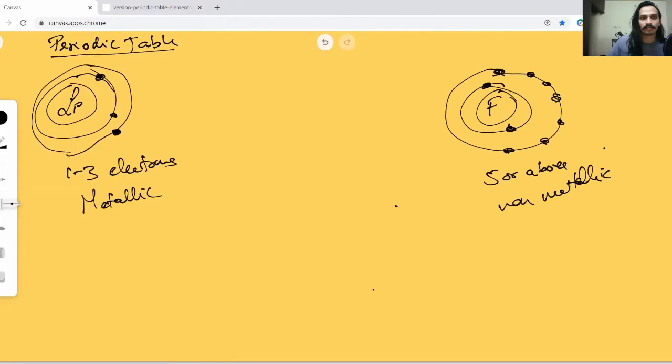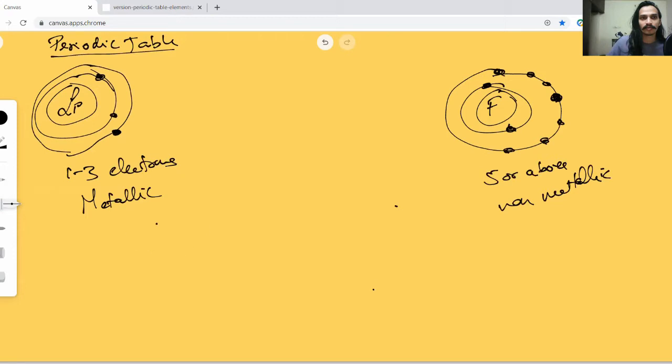Why this is metallic and why this is non-metallic is because whenever elements have only 1 to 3 electrons, it's easy for them to lose or give away these electrons. And that is a property that we call a metallic property. Metals find it easy to give out electrons. That is why the initial elements on the left side are metallic in nature.